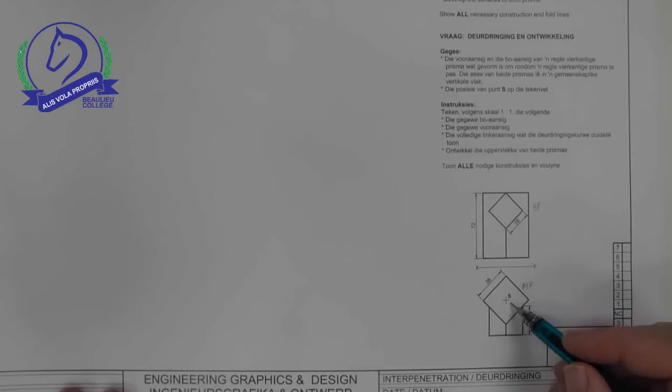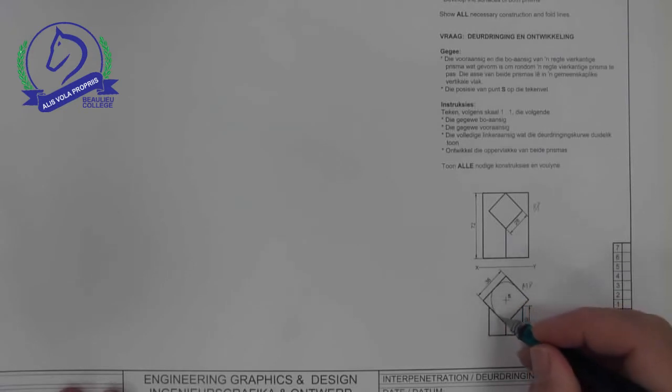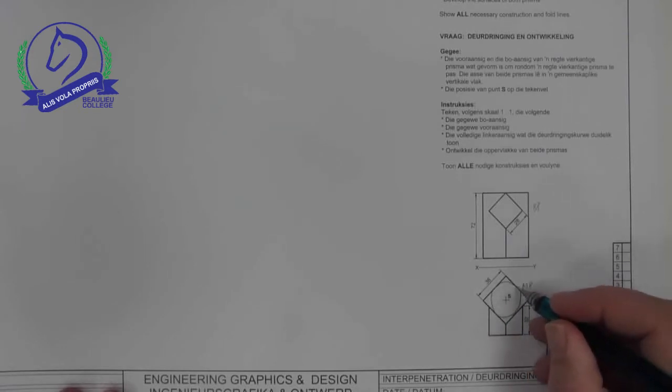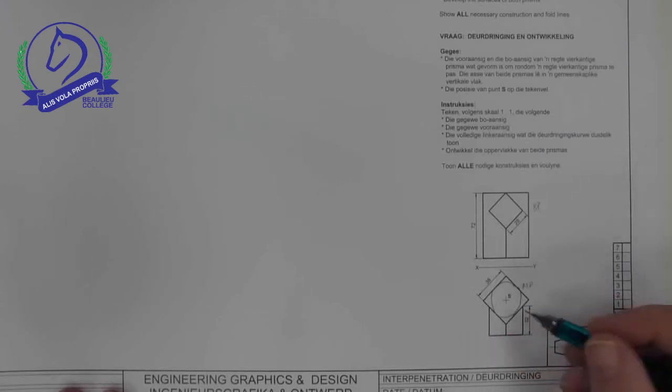What I'm going to do at S is draw a circle with a diameter of 38, and once I've done that circle, I project tangents at 45 degrees to get that shape.